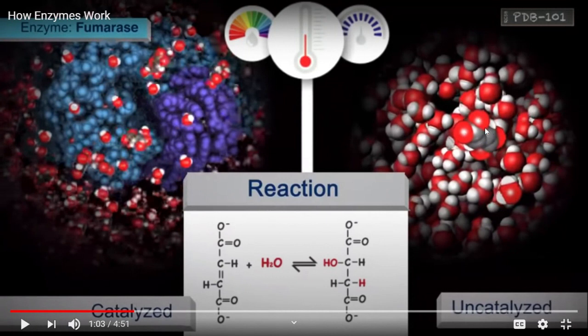That's very much due to random chance. There's no active site that provides a place for that to happen, or strains the bonds, or allows things to be much less random. So that's why the uncatalyzed reaction you're going to see is barely discernible. It's very, very slow. And that's not fast enough for a living thing.